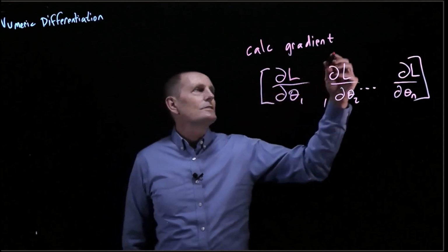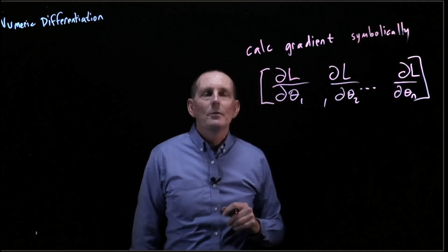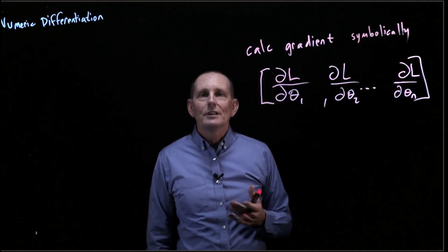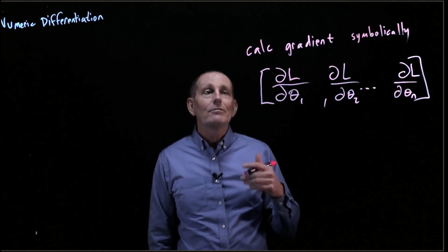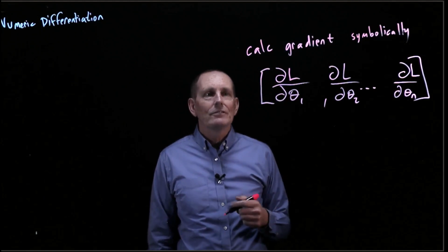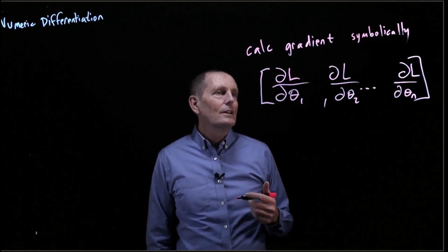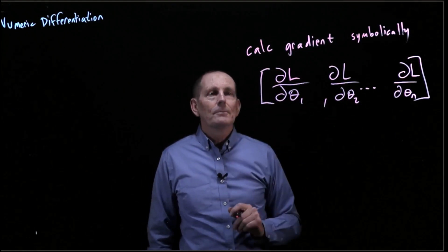So we're going to calculate this symbolically. We'll use our machinery that knows, for instance, the derivative of f of x minus y squared is 2 times f of x minus y times the derivative of f of x, something like that. We may be using the chain rule fairly heavily, and so we're going to get our values here.